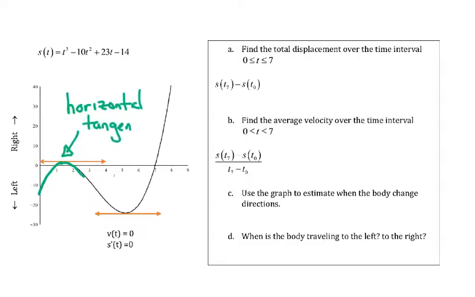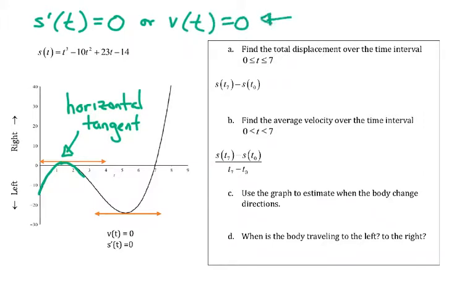So think about what that means. That means when s prime of t equals 0, or when the velocity equals 0. That's a possible time when the object changes direction.